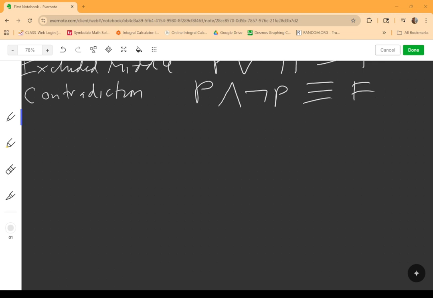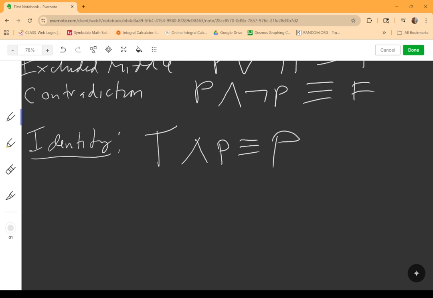Now some identity laws. Our identities say true and p is always equivalent to p, and false or p is always equivalent to p.